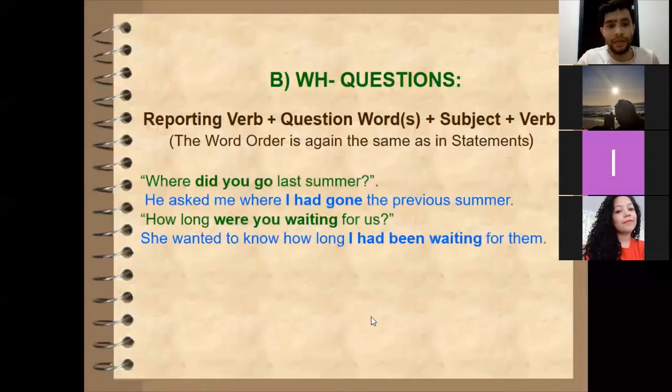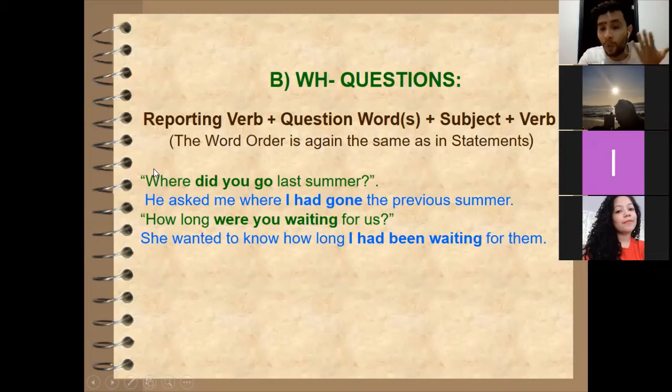For example, take a look at here. Where did you go last summer? He asked me, because it's a question, right? He asked me where. Why where? Because it's a WH question, and in the WH question, you are using where, right? So, he asked me where I had gone the previous summer.